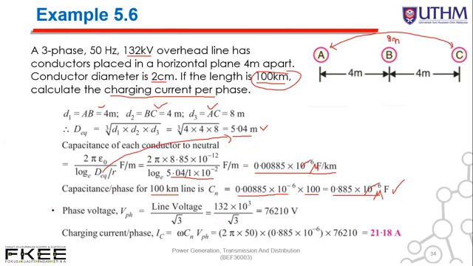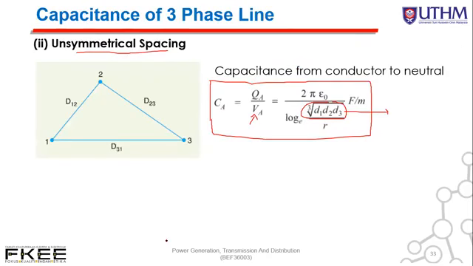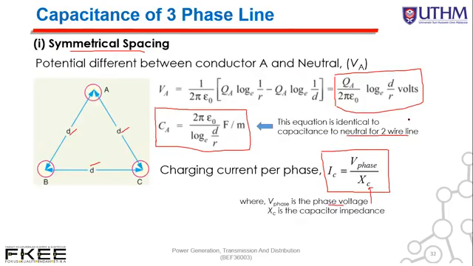Given the line voltage, we can calculate the phase voltage, which is line voltage divided by square root of 3. The line voltage is 132 kilovolt, divided by square root of 3, so the phase voltage is 76210 volt. From the previous equation, we can calculate the charging current per phase, IC, which is V phase divided by XC, the capacitor impedance.